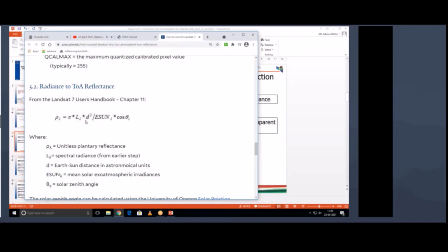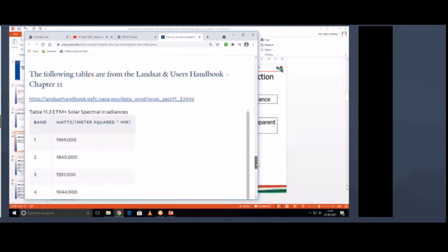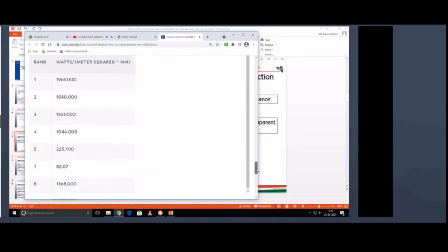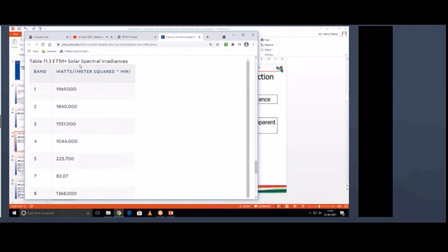D is the Earth-Sun distance, as I said, in astronomical units. E-Sun is the mean solar exo-atmospheric irradiance, which will be different for different bands, and theta is your solar zenith angle. Landsat provides the exo-atmospheric irradiance for all of its bands in certain units, watts per meter square per micrometer.